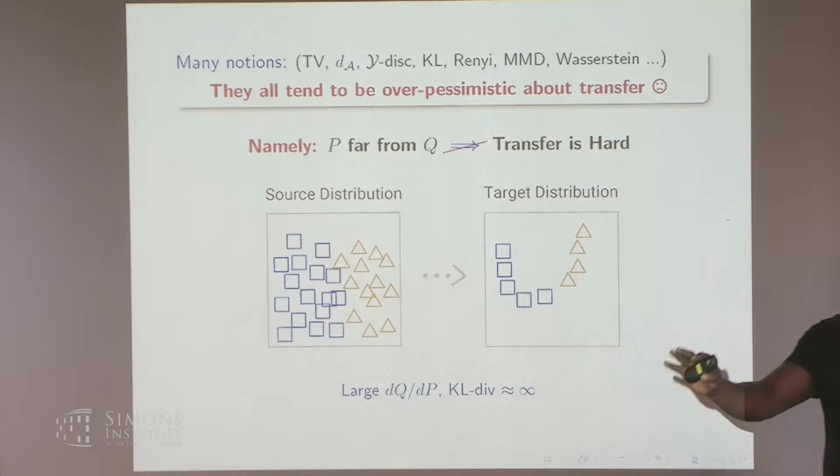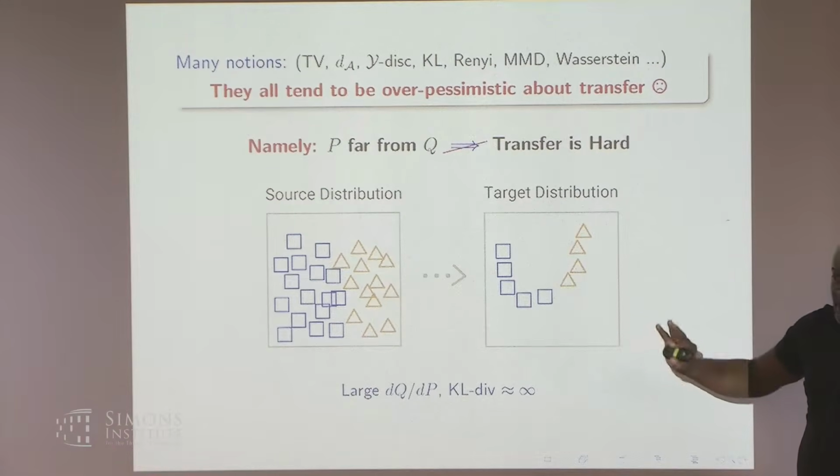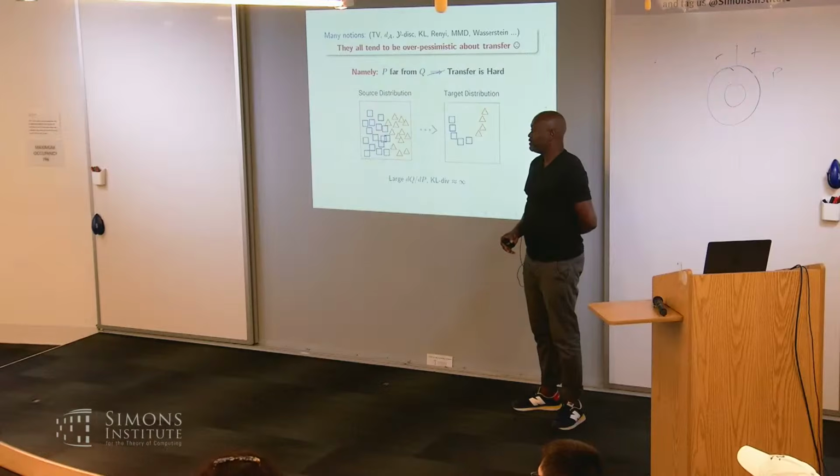Okay, so the basic problem for me is just this. I want to do as well as possible on the target, and that's it. And I have all this data from some other distribution. So you're assuming we can optimize for P that is not computationally...? Yeah, I'm just assuming that.